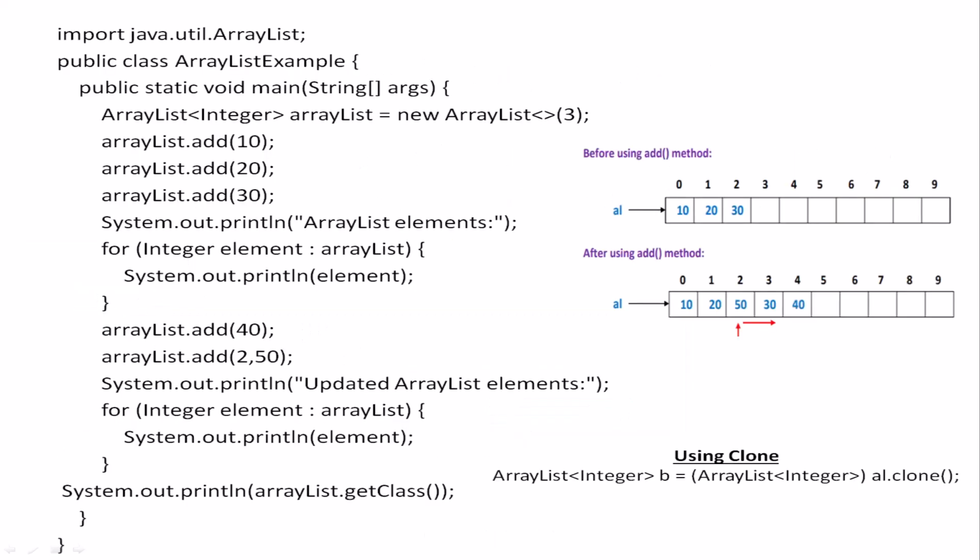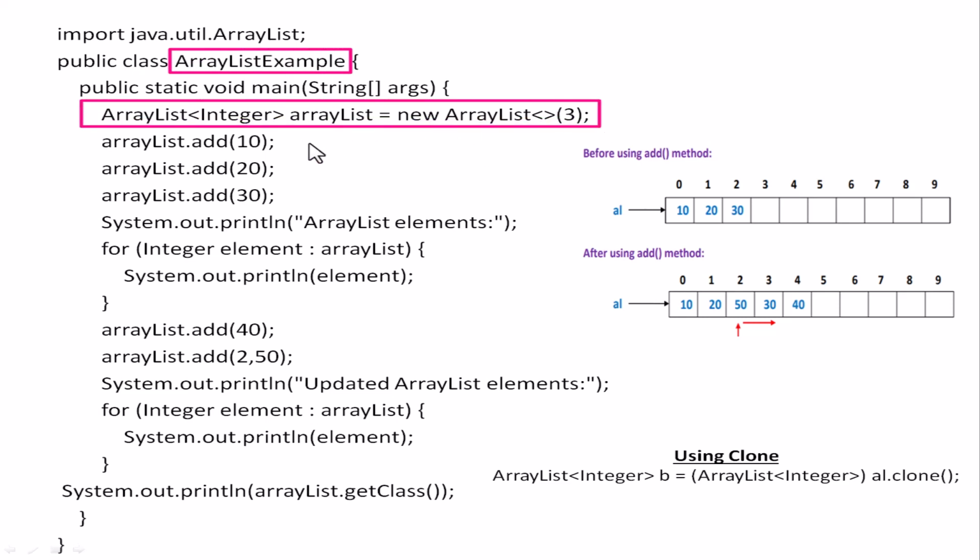Here you are having one more example of the array list. Here you have created the name of the program, ArrayListExample, and you have declared the object of the array list.